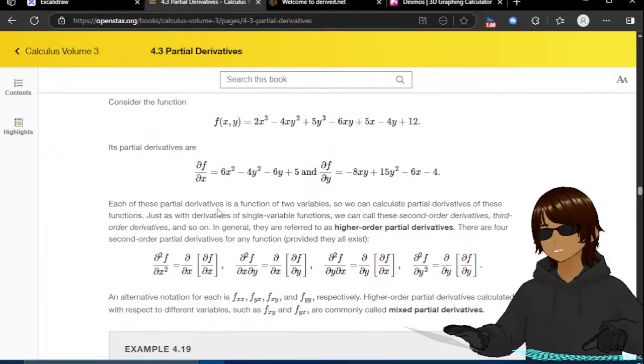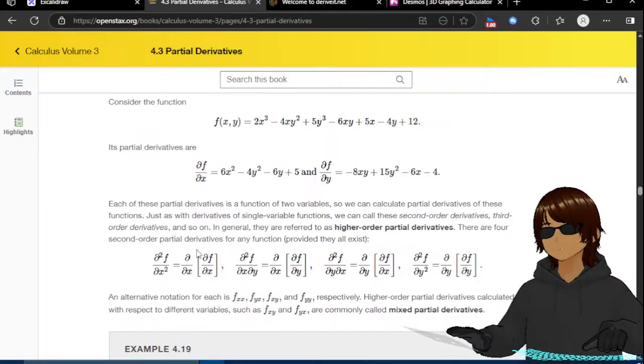Each of these partial derivatives is a function of two variables, so we can calculate partial derivatives of these functions. Just as with derivatives of single variable functions, we can call these second order derivatives, third order derivatives, and so on. In general, they are referred to as higher order partial derivatives.